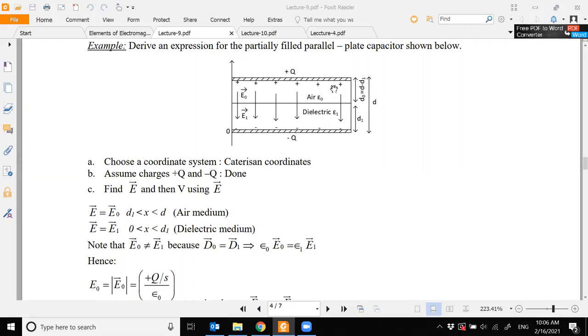Yes, Mr. Sultan Al-Dosri, can you tell me? Which kind of boundary condition is applicable here? Because if we have the electric field only in the x direction, we have two boundary conditions, right? Which will we apply here? The perpendicular one. Yes, the perpendicular one. Can you tell me what that perpendicular boundary condition is?